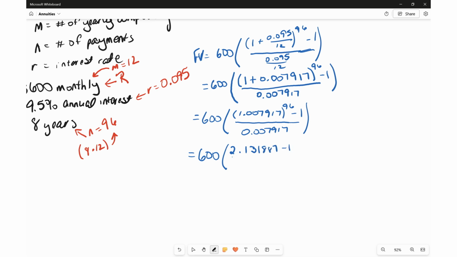Because the longer you leave it out, the more accurate your answer is going to be. If you shorten your decimal too much, like make that 2.1 rather than 2.131887, then you're going to end up with an answer that at the end is going to be several cents off.